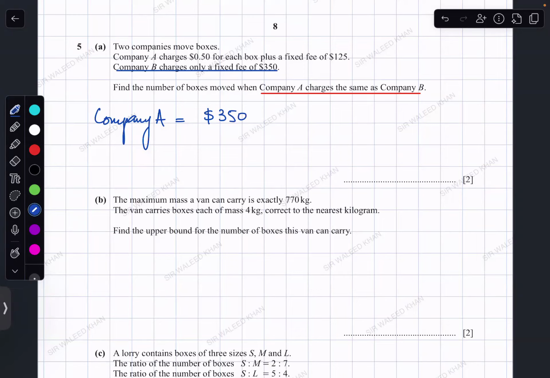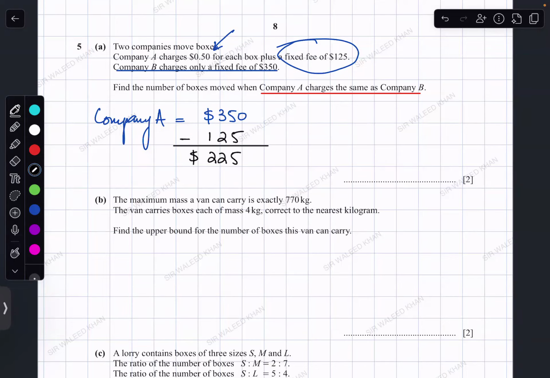But I have to figure out the number of boxes moved. So what I can do is reduce the fixed fee from this 350 and use the information that per box company A is charging $0.5. First let's get rid of this fixed amount, which is 125. That will be 225.